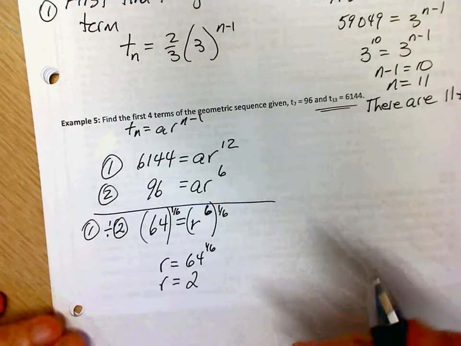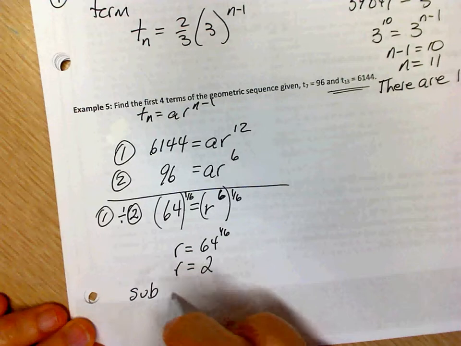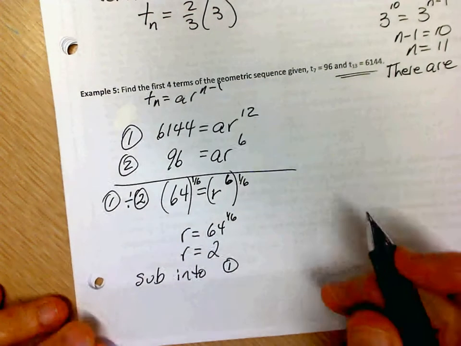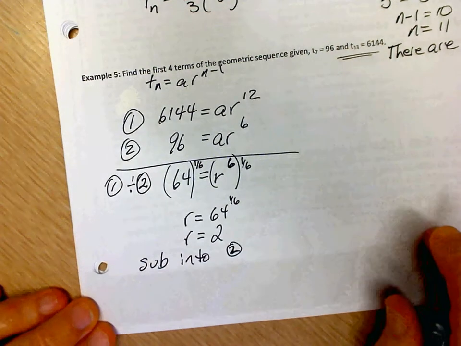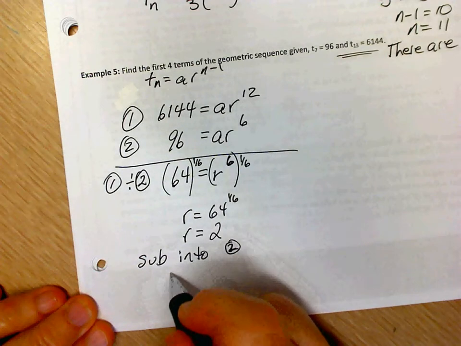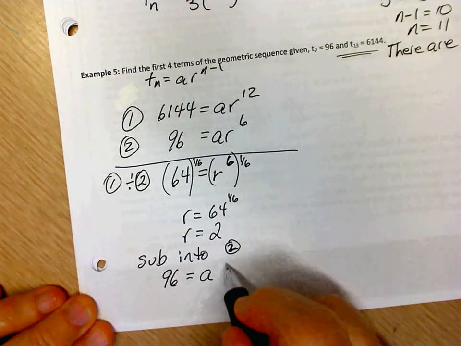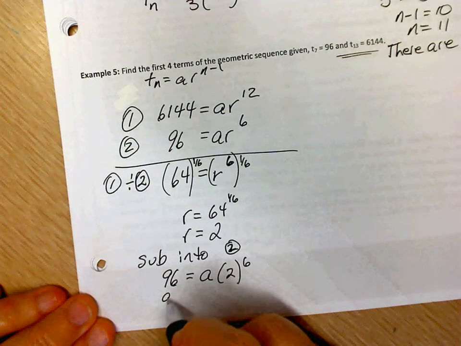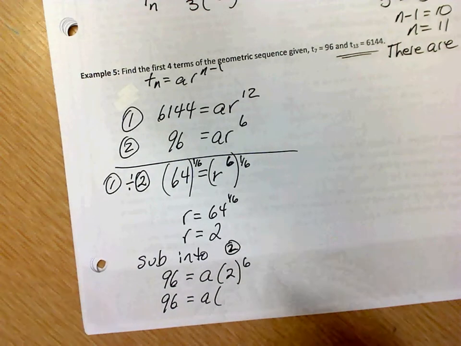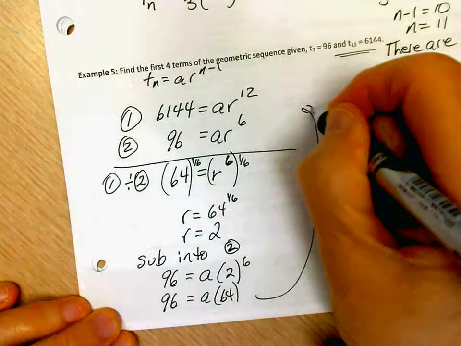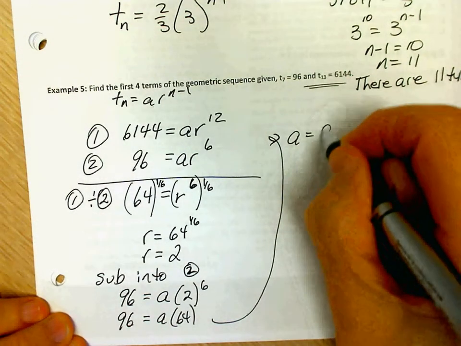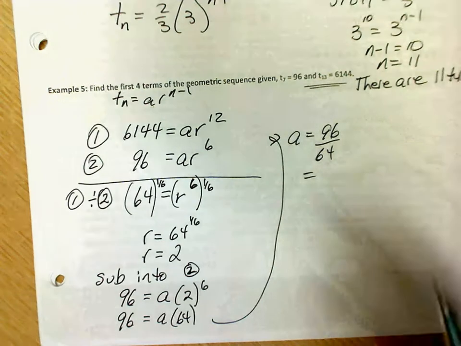Now let's sub into equation 2, the numbers are smaller. To solve for A, 96 equals A times 2 to the 6. 2 to the exponent 6 equals 64. A equals 96 divided by 64, and I believe that equals 3/2.